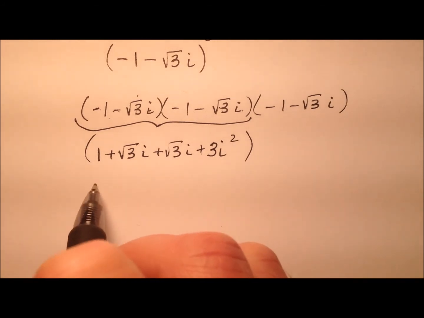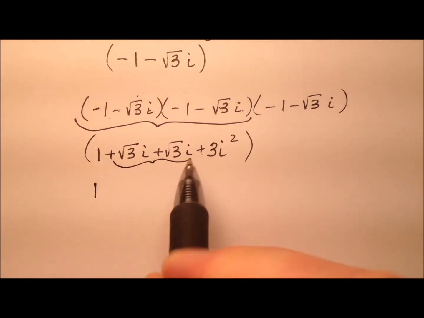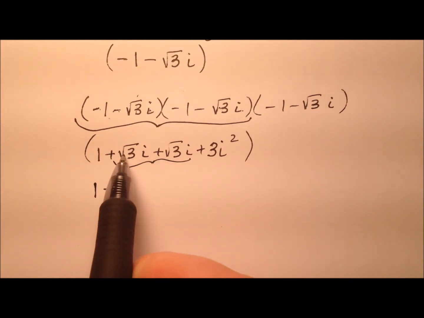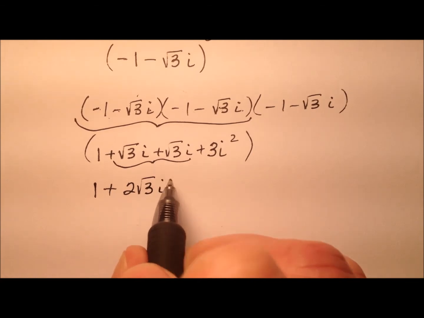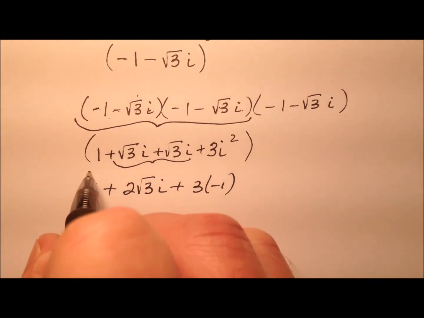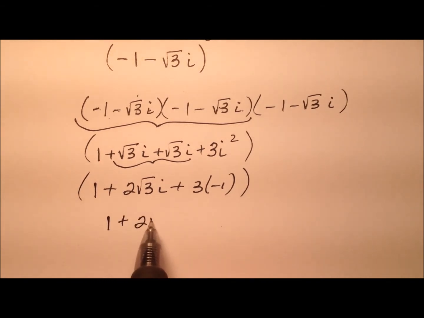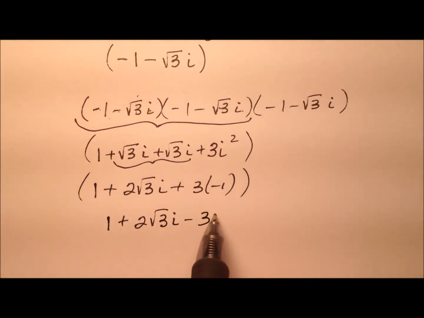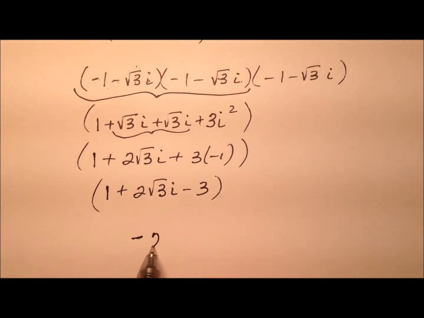We know that i squared is really -1. We can also put those together, so square root of 3i plus square root of 3i makes 2 square roots of 3i, plus 3 times that -1. So we have 1 plus 2 radical 3i minus 3, and finally -2 plus 2 radical 3i.